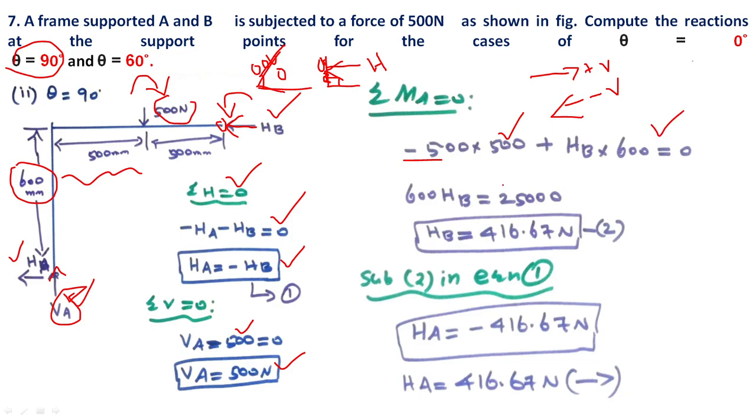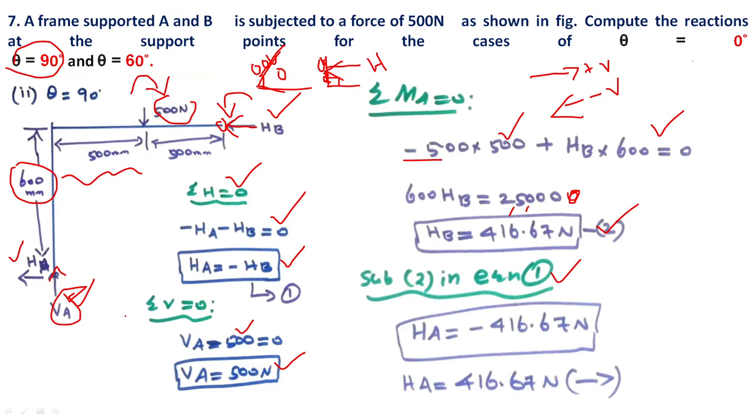So 600 HB is equal to 2,50,000. So HB is equal to 416.67 Newton. Then we want to find the HA value also, so substitute in equation 1.